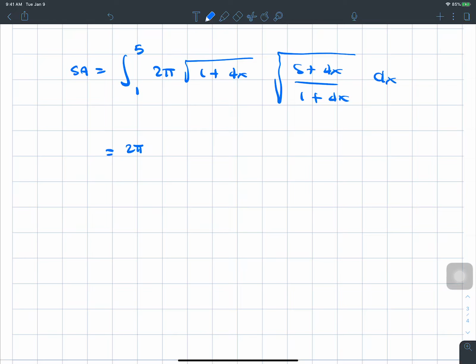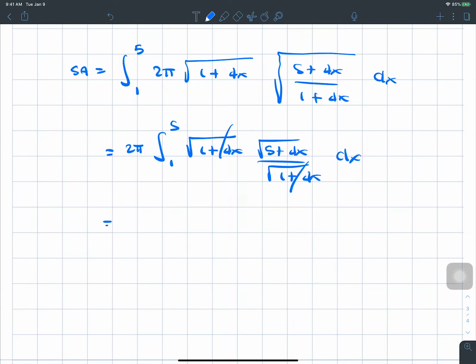So doing a little bit of algebra now and pulling out my constant, ladies and gentlemen, we get some cancellation. 2 pi, 1 to 5, square root of 5 plus 4x dx.